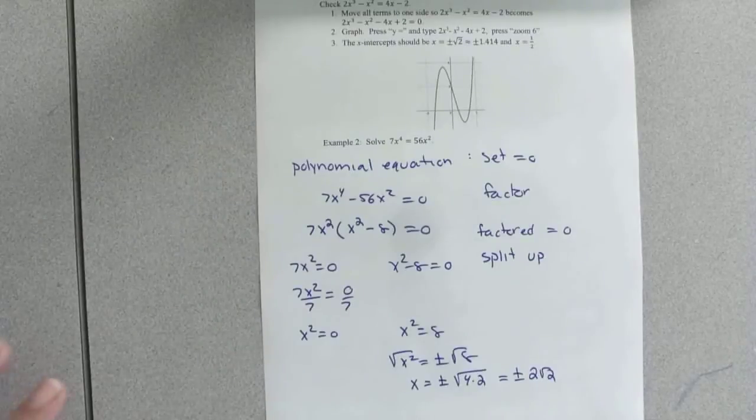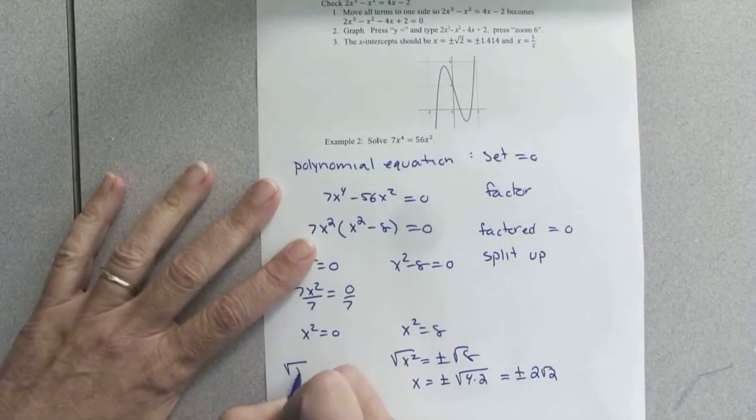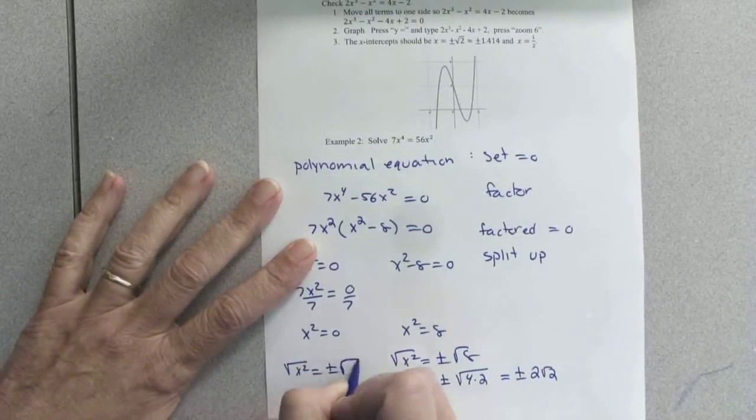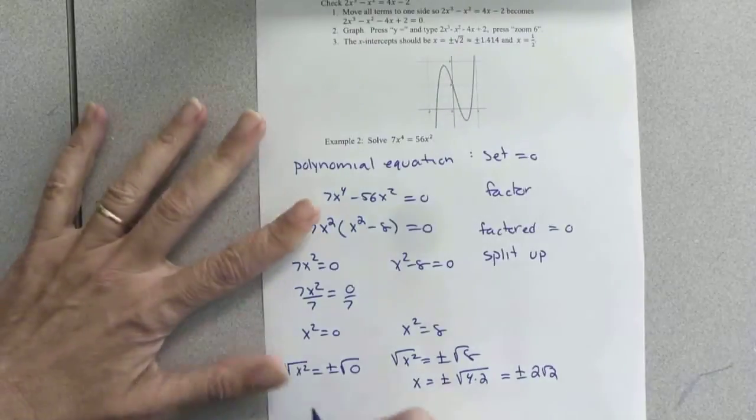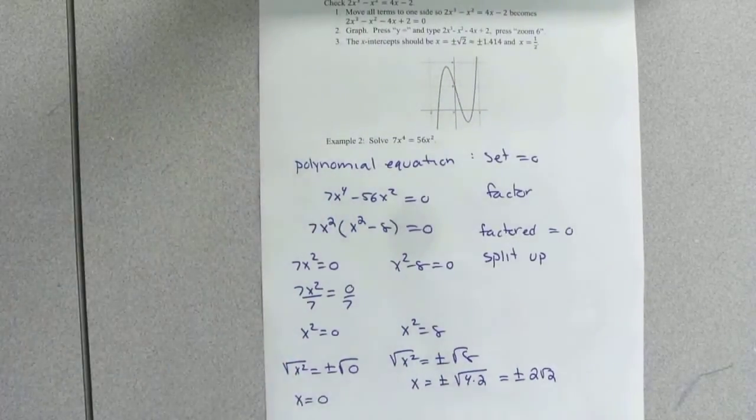And essentially doing the same thing over here. If you've listened to me over and over again, you're going to put the plus or minus there, but in this case, the plus or minus doesn't make any sense because 0 is neither plus nor minus. 0 is just 0.